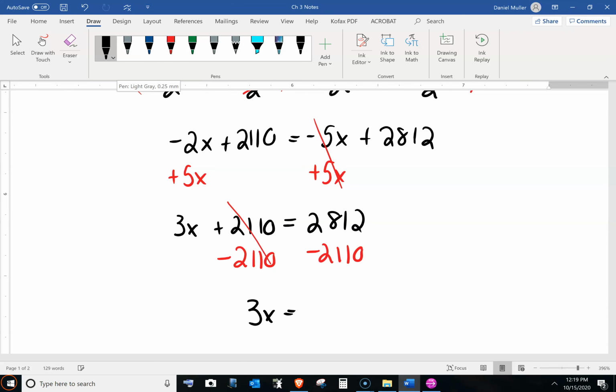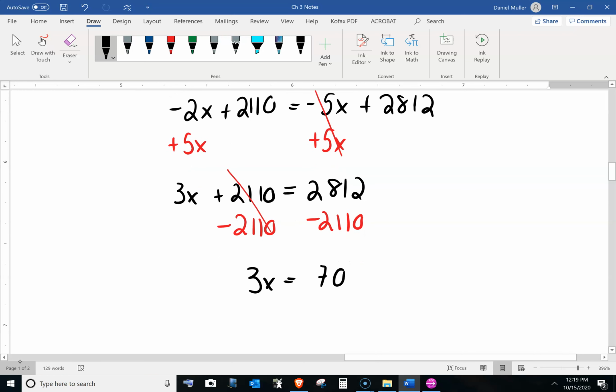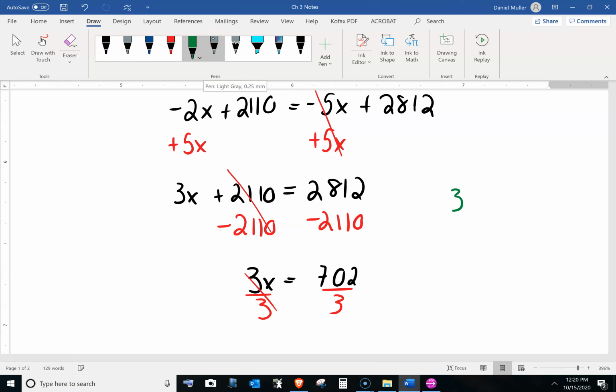So 3x equals, I can actually do that vertically. 2 minus 0 is 2, 1 minus 1 is 0, 8 minus 1 is 7, 2 minus 2 is 0. So 702. And then I could divide that by 3, which I don't know what that is, so maybe I'll do that over here. 3 into 702.